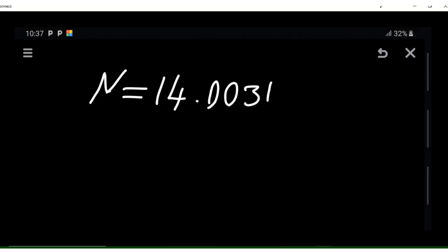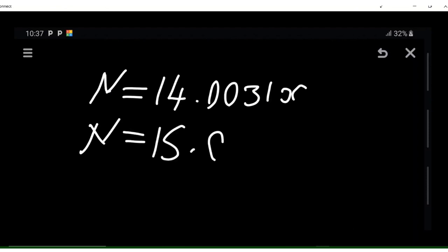Then just put an X, and for the second one, N is 15.0001. Now this means 14.0031 multiplied by X, where X is the percent abundance, because we don't know the percent.